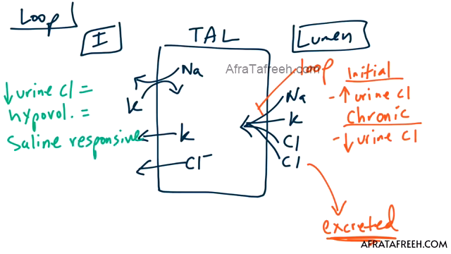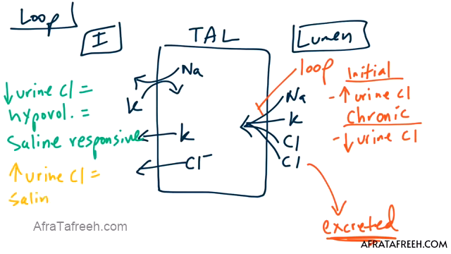This is why you'll often see the phrase saline responsive or saline unresponsive metabolic alkalosis. In other words, a low urine chloride is synonymous with a saline responsive metabolic alkalosis, and a high urine chloride is synonymous with a saline unresponsive metabolic alkalosis.